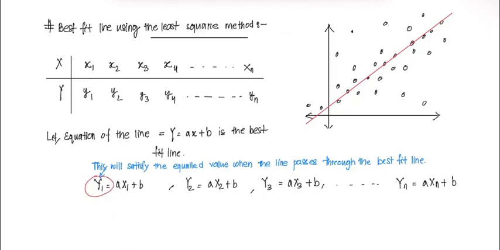This value that we are getting from the equation is an approximated value. This line, y equal to ax plus b, is an approximation covering the maximum of the points.